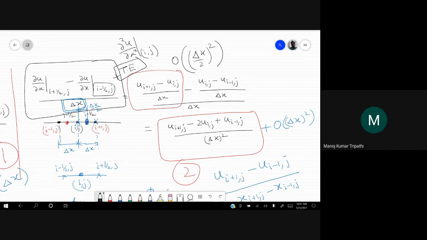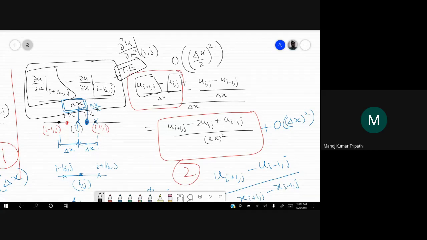And similarly, when you write the Taylor series expansion for the derivative of u with respect to x at i plus half j, and you write u i plus 1 j minus u ij by delta x, this is also not correct.